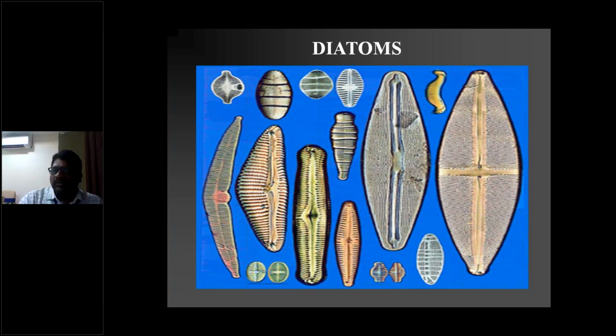You can compare the diatoms present in that pond and the diatoms present in the dead body, and connect the scene of crime. If the diatoms in the body and at that point are the same, that means the person drowned at that particular point. They may connect the scene of crime. So, diatoms.